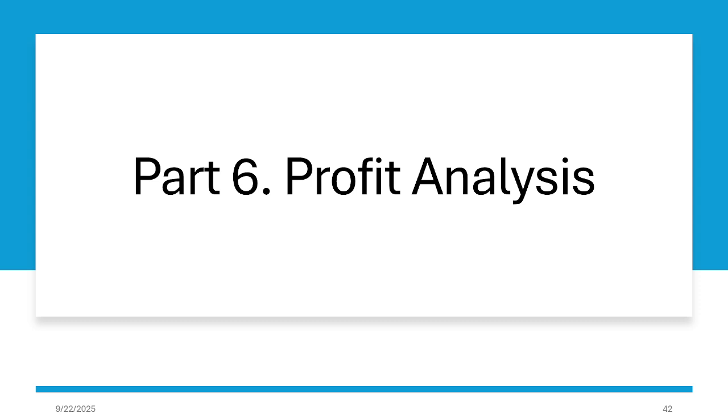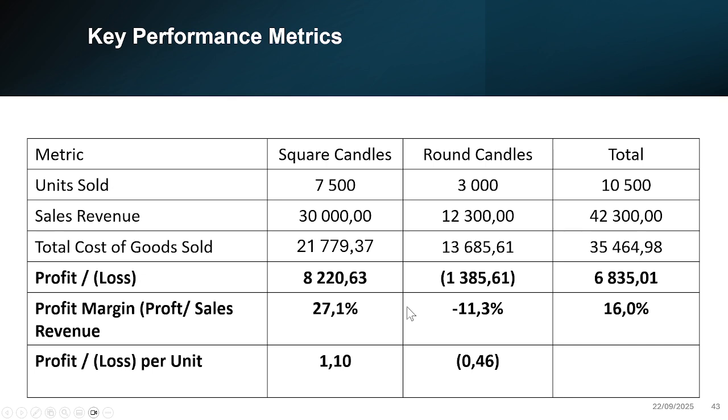Let's summarize what we have learned and discuss what it means for the Happy House company. So this summary table puts everything into perspective. Overall, the company looks profitable, with 8,800 and 6,835, with a profit margin of 16%.